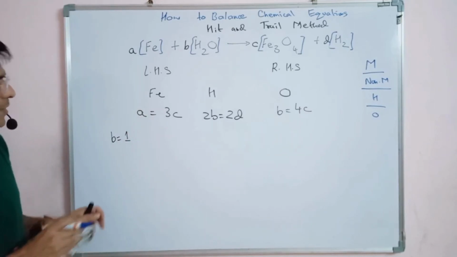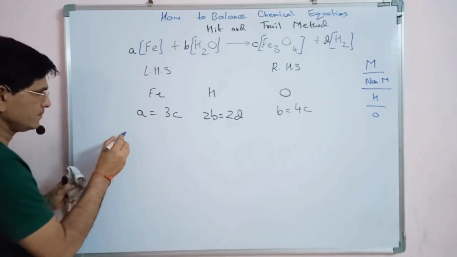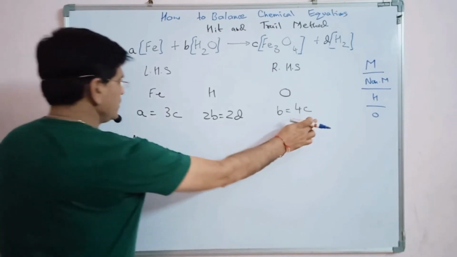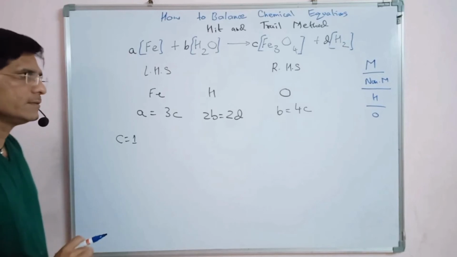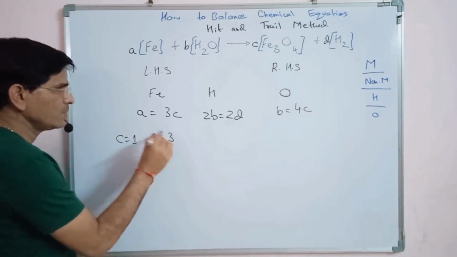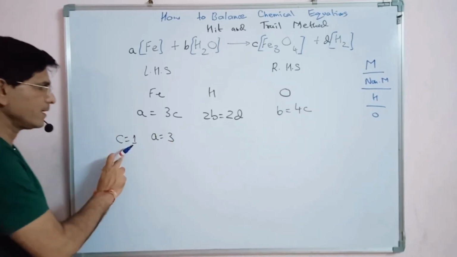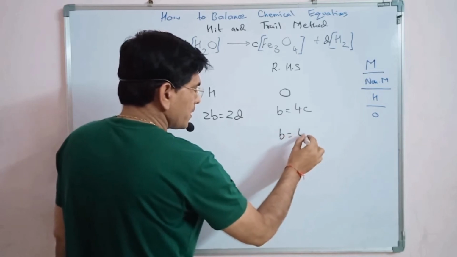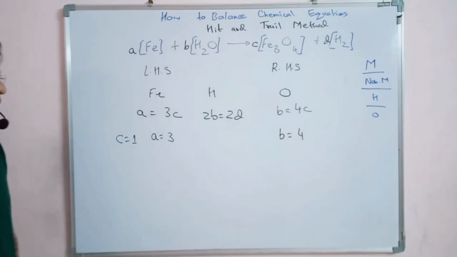So which is better for us? If you take C as a 1, it is easy for us because here is also C, here is also C. So if I take C as 1, then A is equal to 3. Again C is equal to 1 here, so B is equal to 4.